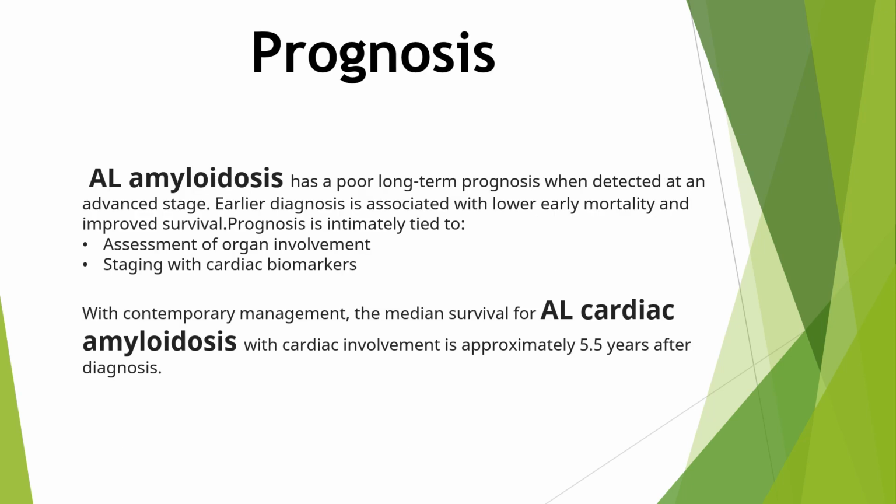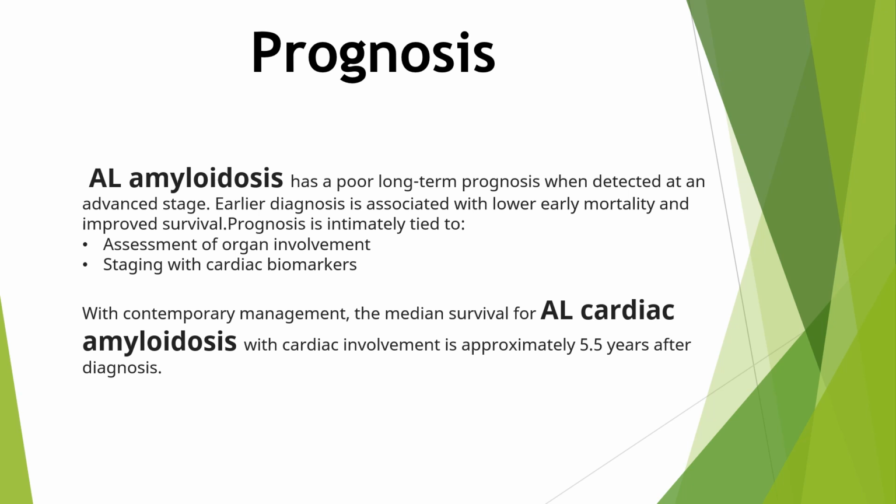Now, talking about the prognosis of various types of amyloidosis, AL amyloidosis has a very poor long-term prognosis, as I've mentioned before. There is multiple organ involvement seen in patients with AL amyloidosis, so the mortality rate is really high. The prognosis is closely linked with the cardiac biomarkers and staging, which I've mentioned before.